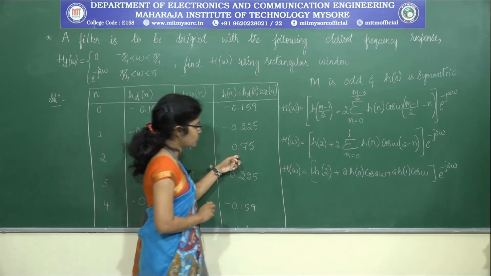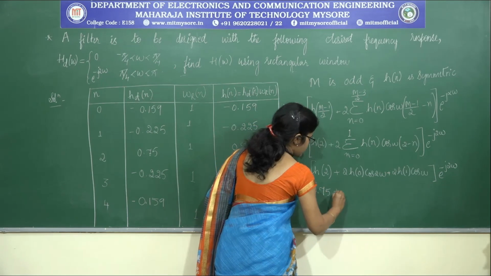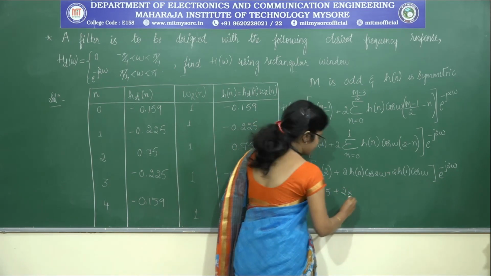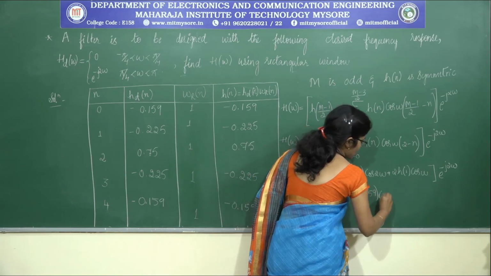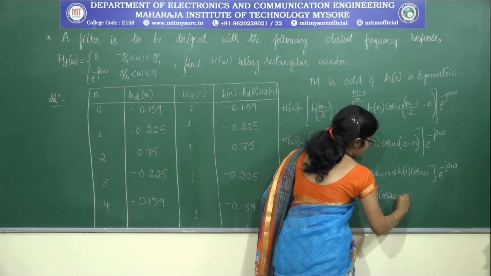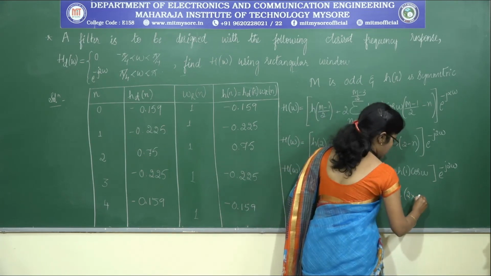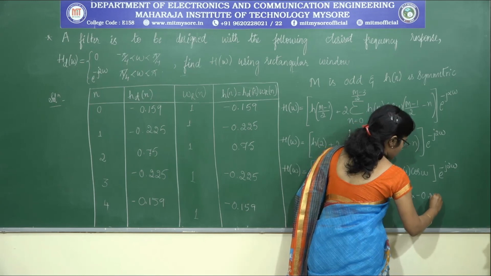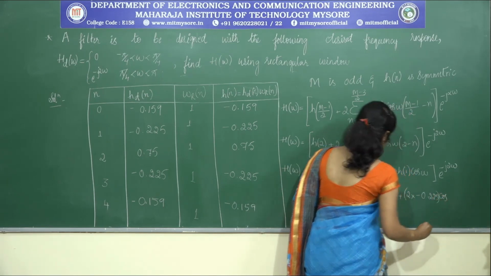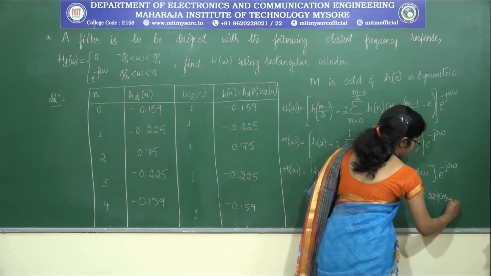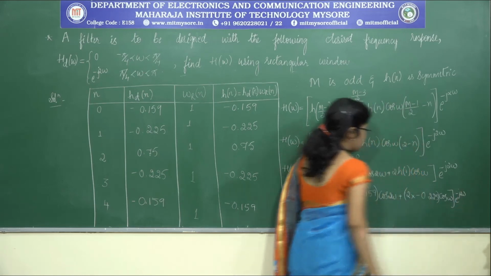So h of 2 is this value, that is 0.75, plus 2 into h of 0, which is minus 0.159, cos 2 omega, plus 2 into h of 1, which is minus 0.225, cos omega, into e power minus j 2 omega.